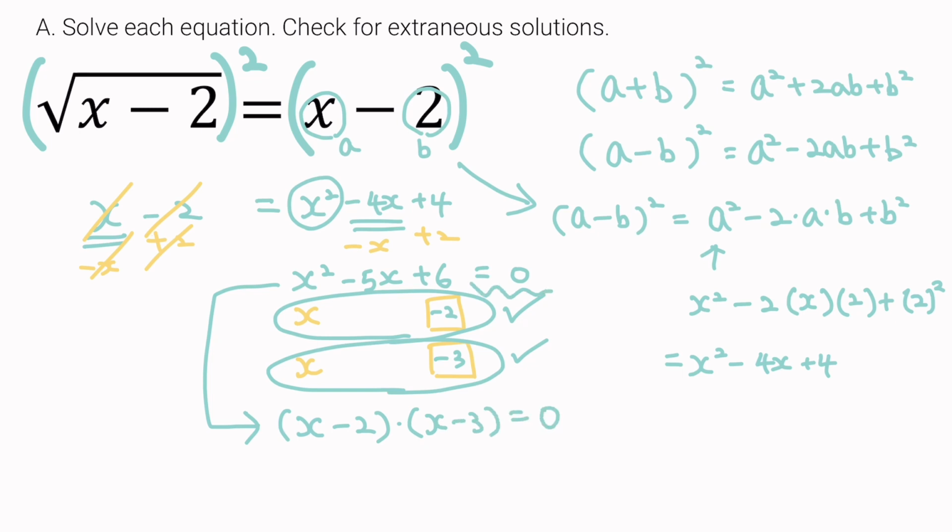Which means either this is equal to 0 or this is equal to 0, because when multiplied together, they give me 0. For this expression to equal 0, x will have to equal 2. And for this expression to equal 0, x will have to equal 3. So x is either 2 or 3. And that's my final answer for this radical equation.